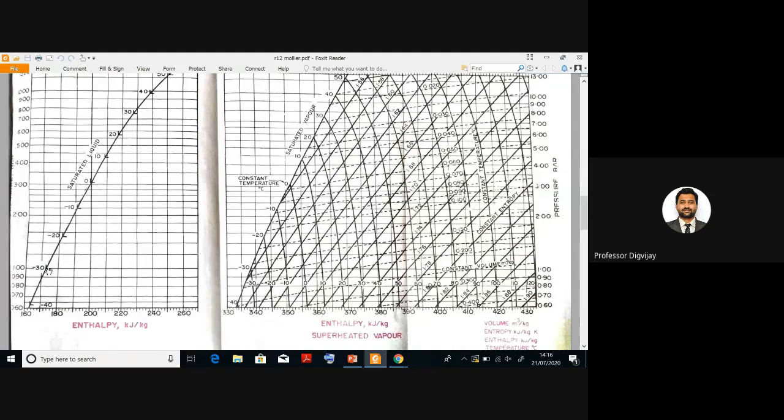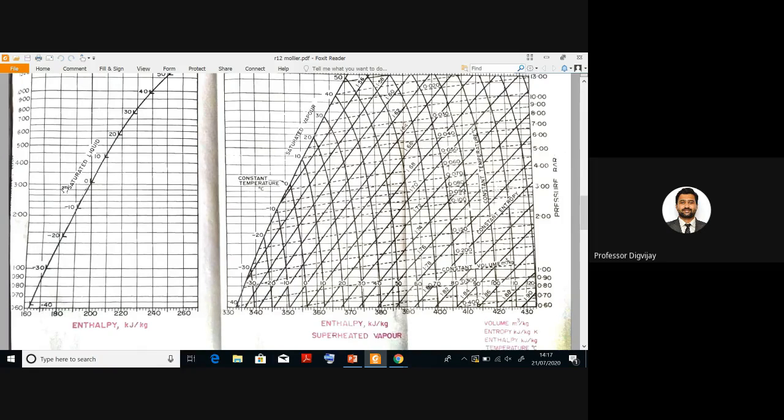Here the enthalpy at minus 30 was 170 kilojoule per kg. If I add that much amount only, 170 plus 170, 340. So at 340, I will get vapor R12. Now liquid R12 is converted into vapor R12. If I increase the temperature from this onwards, I will get superheated R12.